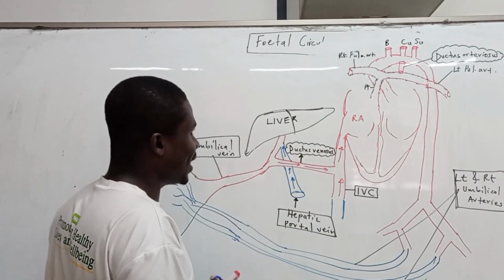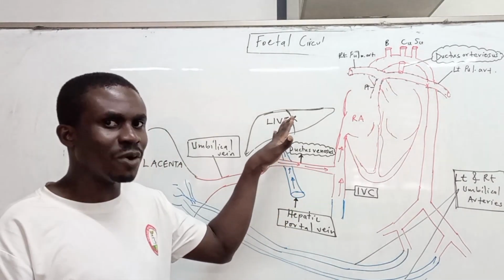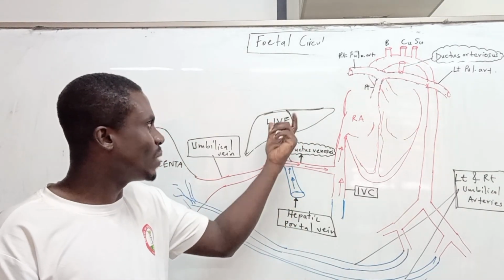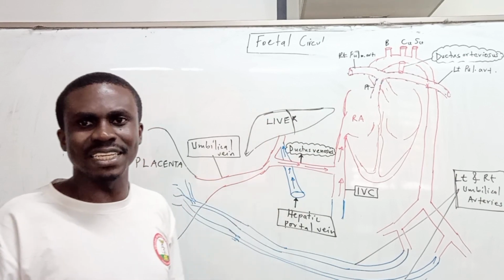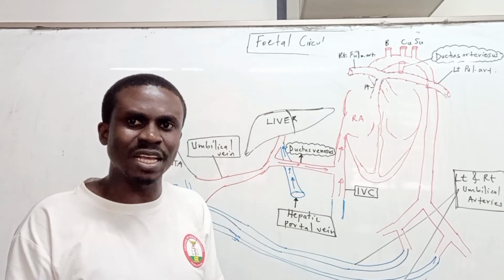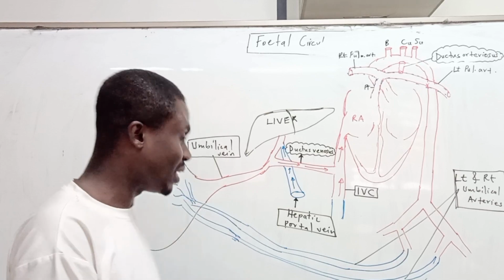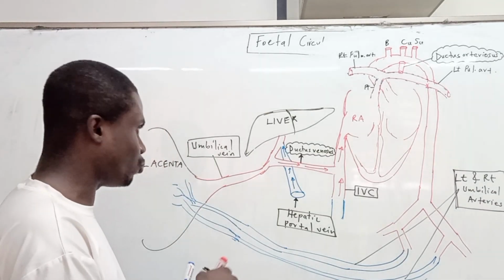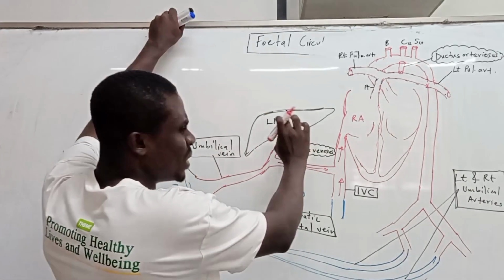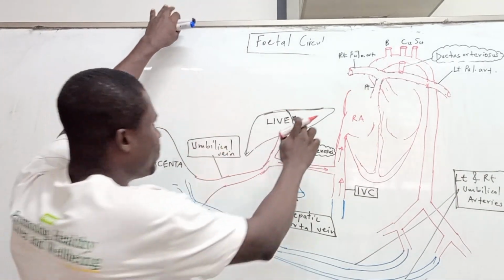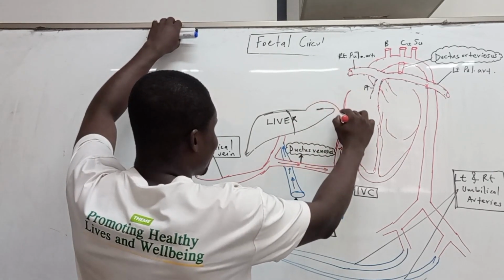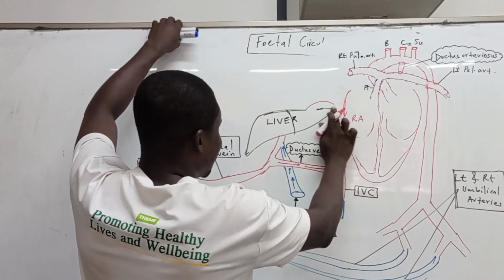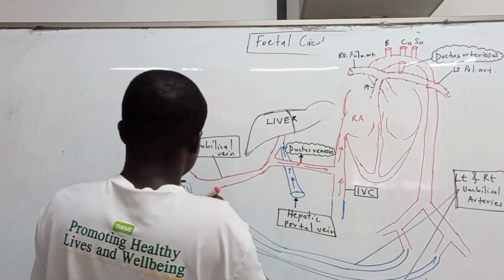Now, the next thing is that when this gets here, it doesn't spend much time there. So somehow you're able to get some of the content. It will not be purely deoxygenated, no, there will be some bit of oxygenation in it. So it will come in this manner. Let me put it this way, the liver.